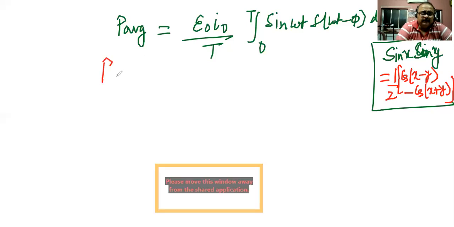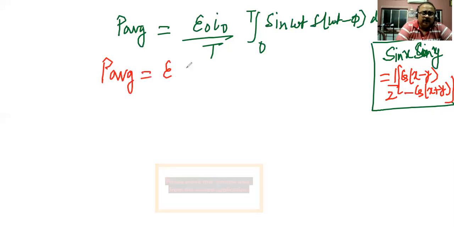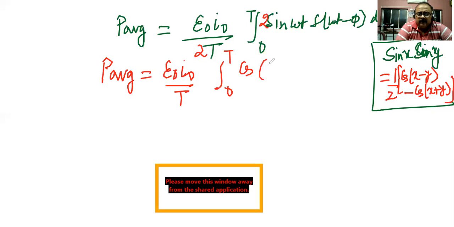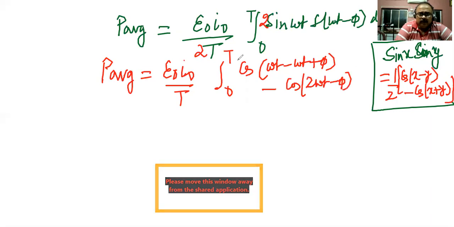So P average equals E naught I naught by T, and I multiply by 2 here. We get the integration from 0 to T of cos of omega t minus omega t plus phi, minus cos of twice omega t minus phi, whole into dt.